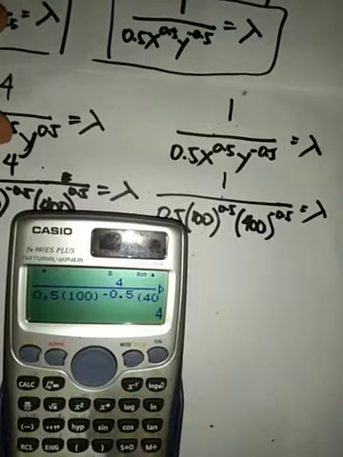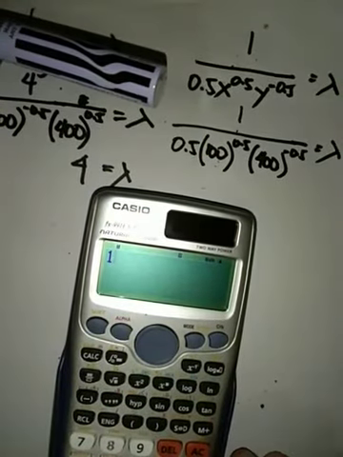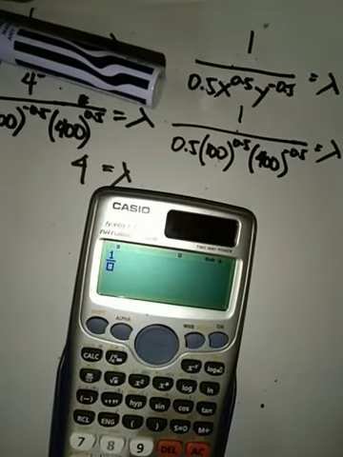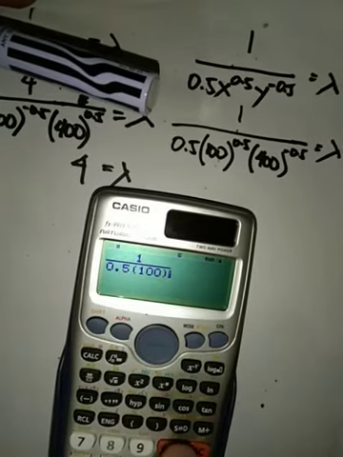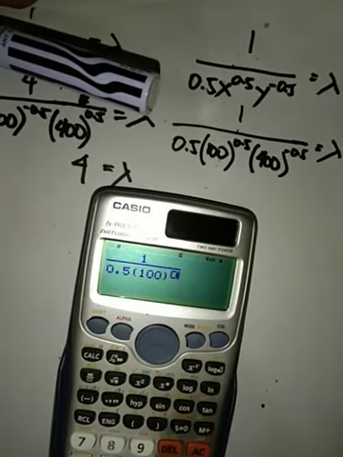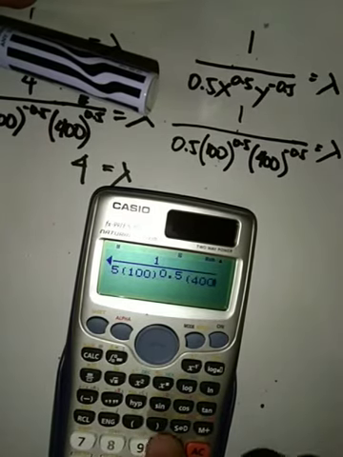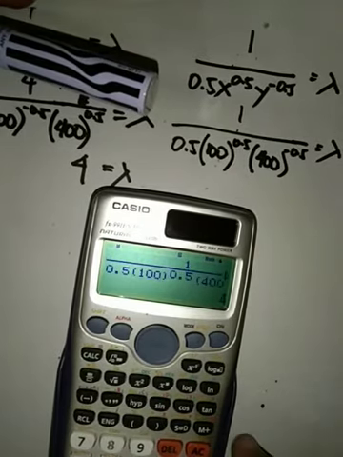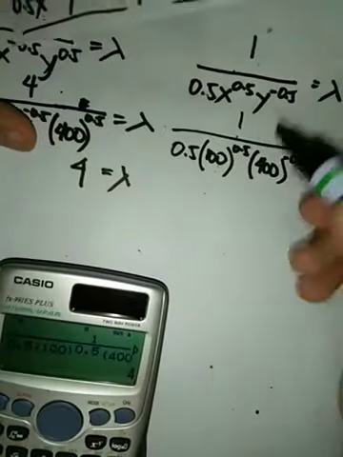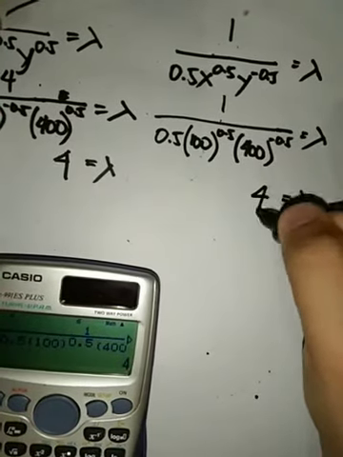Then use the calculator. So we have 4. Therefore, our lambda is 4.